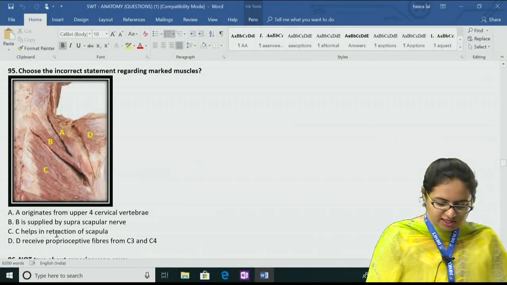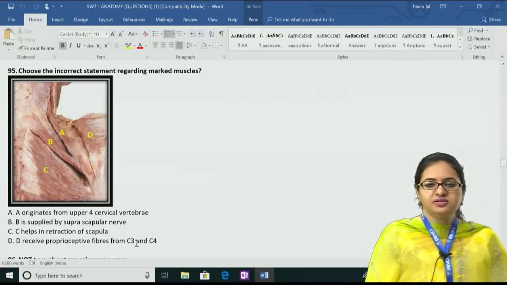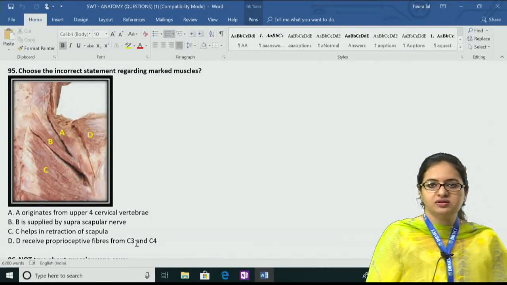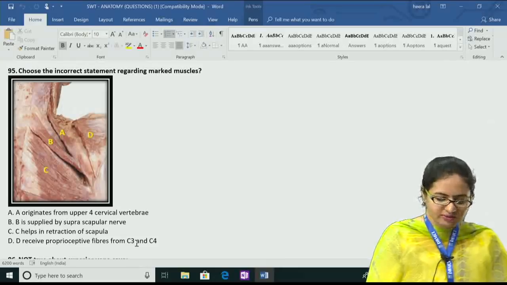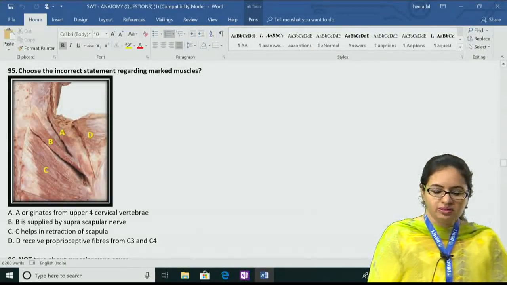C, the rhomboides major helps in retraction of scapula. Yes, it helps in the retraction. D, trapezius receives proprioceptive fibers from C3 and C4. The trapezius muscle is supplied by the spinal accessory nerve as well as the proprioceptive fibers, which come from C3 and C4. So this statement is also correct. The answer for question number 95 is B, because the rhomboides minor is supplied by the dorsal scapular nerve.